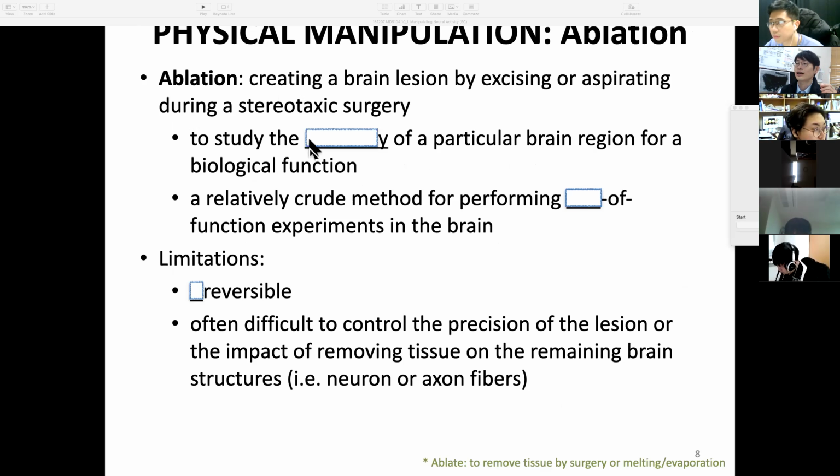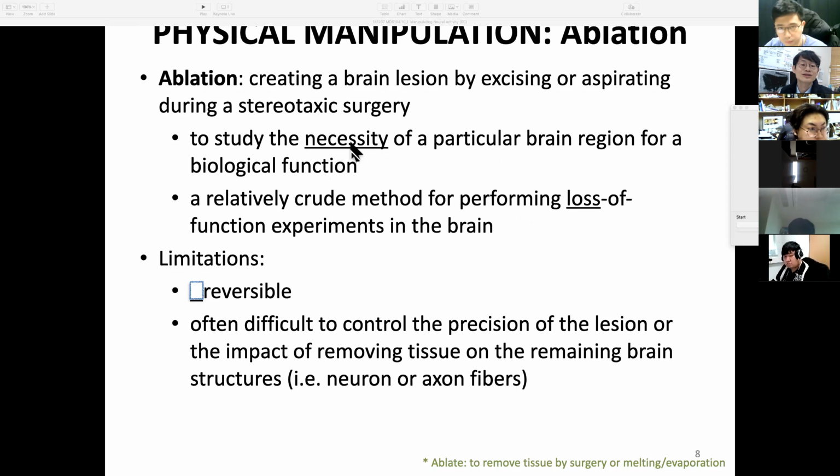We want to study the necessity of a particular brain region for a biological function. Okay, so this is a really crude method, right? Basically you took out the area, the region. So that's a loss-of-function experiment in the brain for necessity.